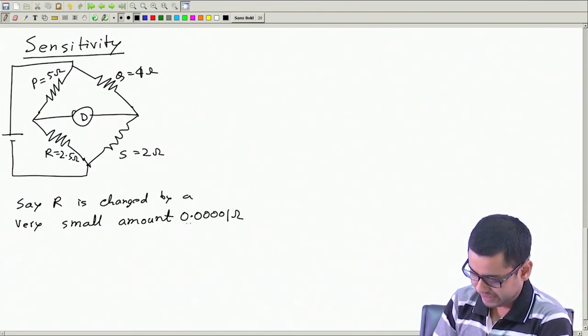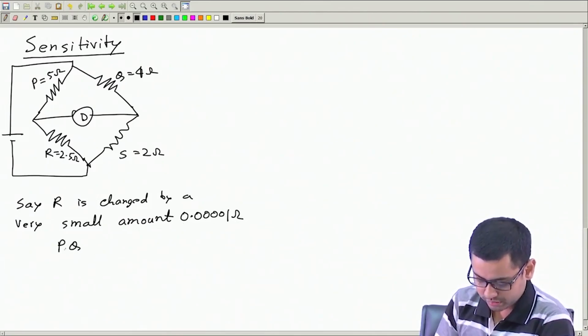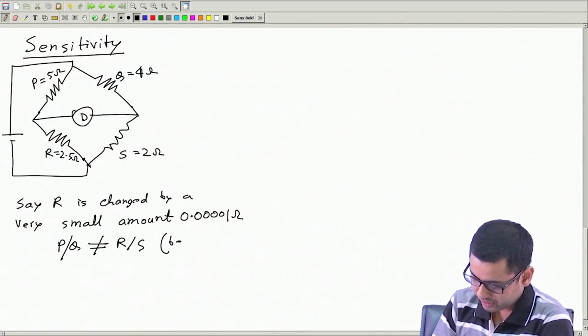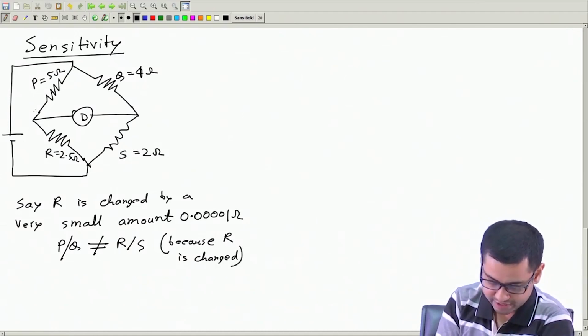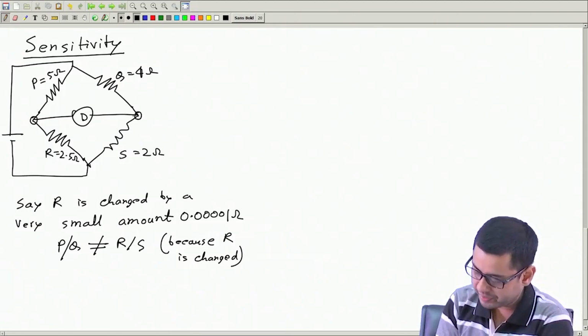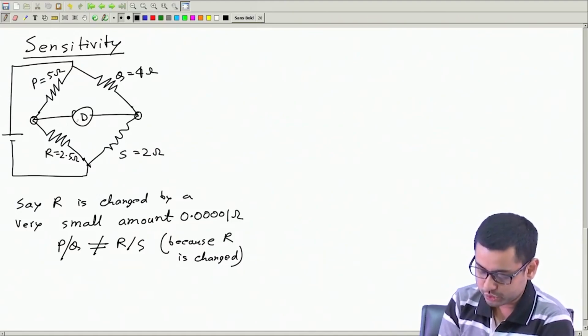Now, of course, even if you change it by a small amount, P by Q is no longer equal to R by S, because R is changed. So, the potentials at these 2 points will no longer be the same. Some current should flow through the detector, and we should observe a non-zero current.